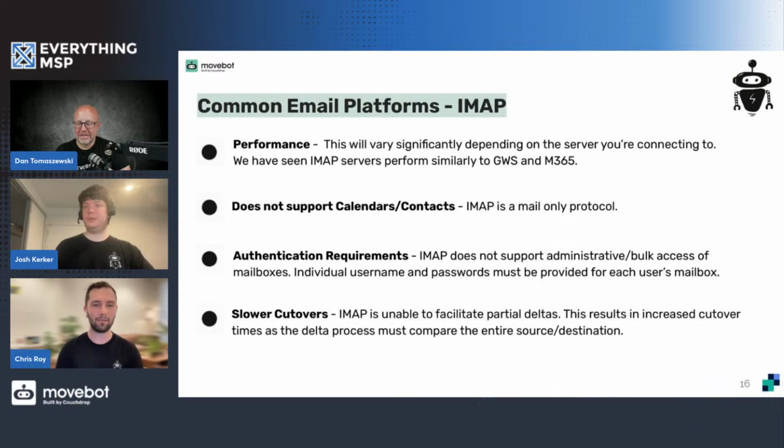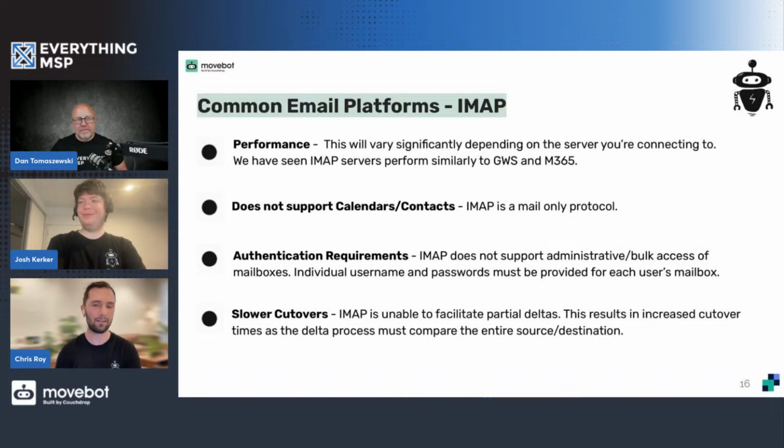Obviously, IMAP does not support contacts or calendars, at least not built into the protocol, so it is mail only. As someone in the chat mentioned earlier, the biggest part of IMAP migrations is going to be your authentication requirements.